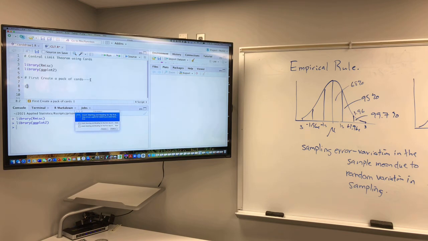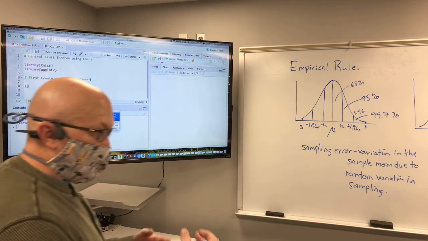That's the whole point of sampling. You randomly bop around within the population in terms of your sampling. And that randomness leads to variation.